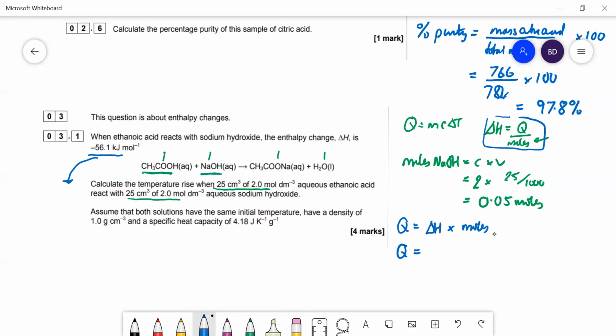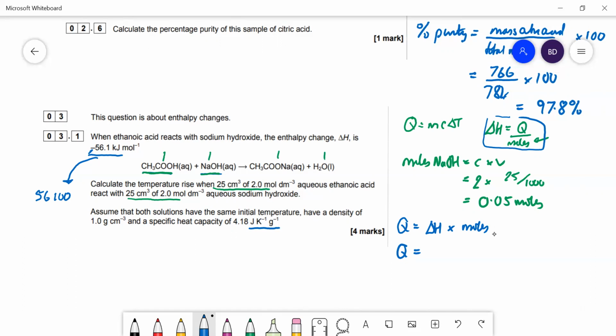It's in kilojoules at the moment. The reason we need to convert is that the specific heat capacity of water is measured in joules per Kelvin per gram, not kilojoules. Okay. Now we're not going to worry about the minus sign. The minus sign just tells us that it is exothermic, so the temperature is going to go up.